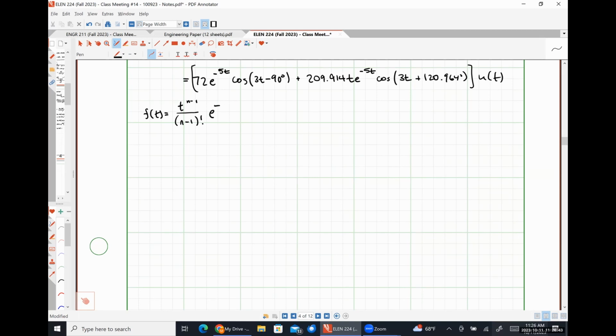E to the negative at cosine omega t plus some phase angle.